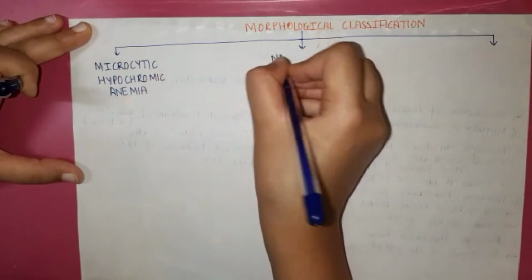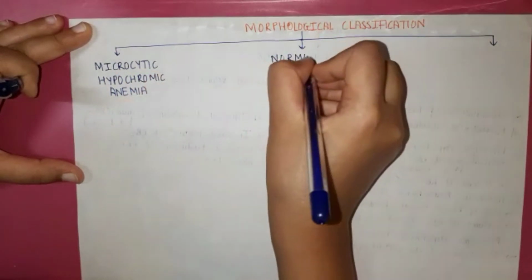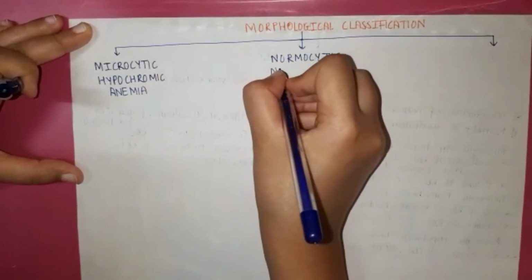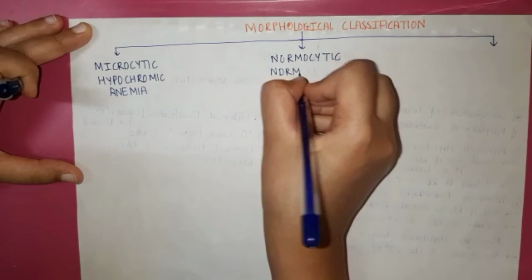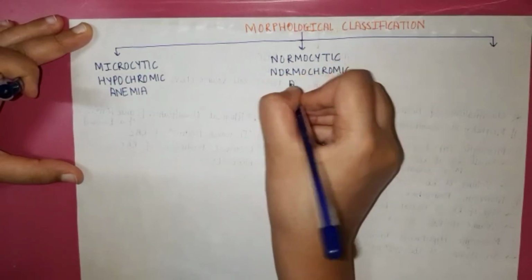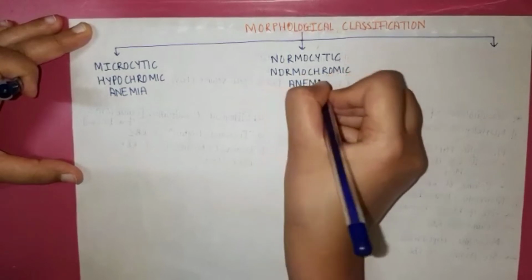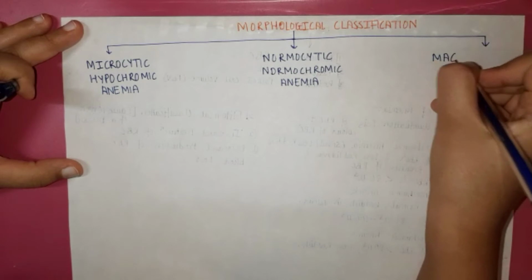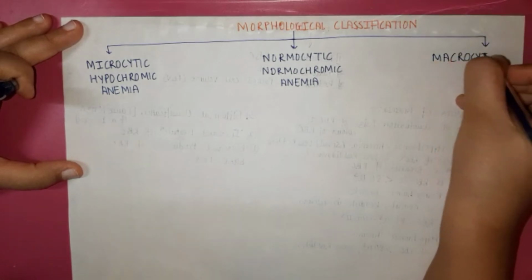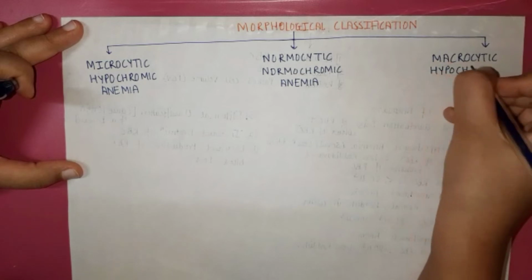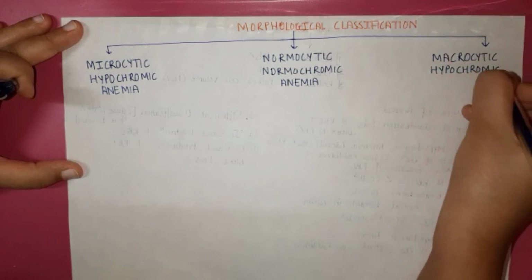Second we have is normocytic normochromic anemia. And the last type is macrocytic hypochromic anemia.